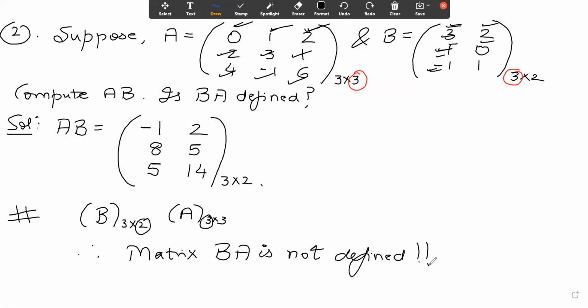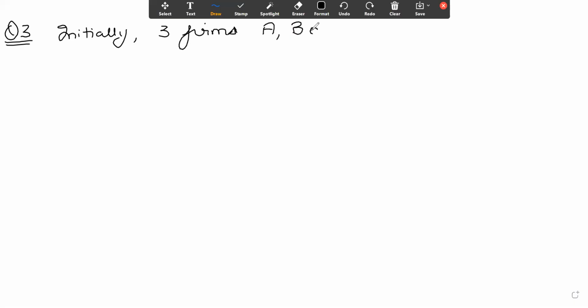Okay. And now guys, let's quickly look at another question. Question 3. Initially, three firms A, B, and C share the market.